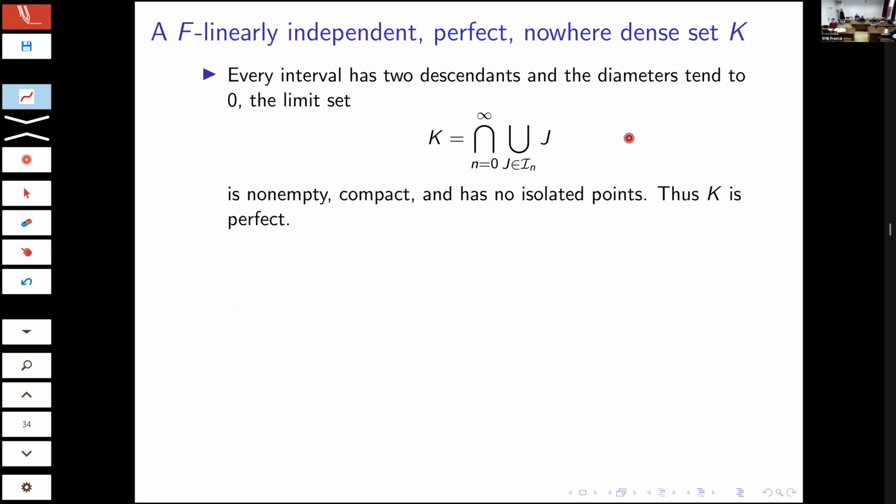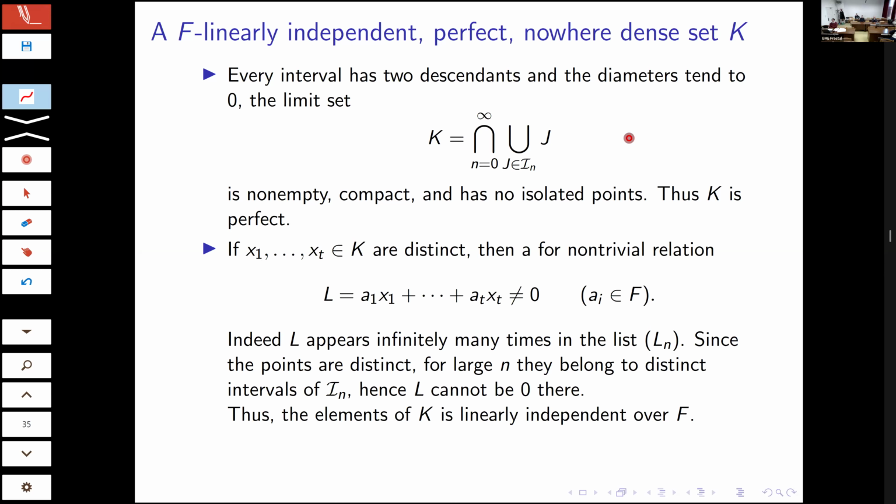So I take the limit object. It is a non-empty compact set, and it has no isolated points because of this diameter condition. So K is perfect, and this may be the most important property, which is not, well, I think it's not clear. Suppose we have 2 different elements and a non-trivial relation.